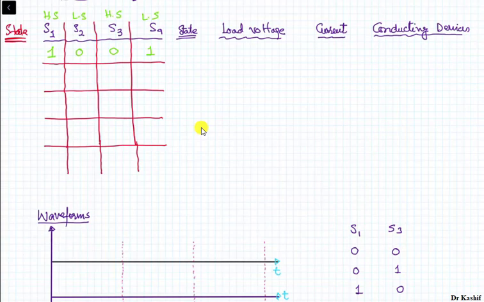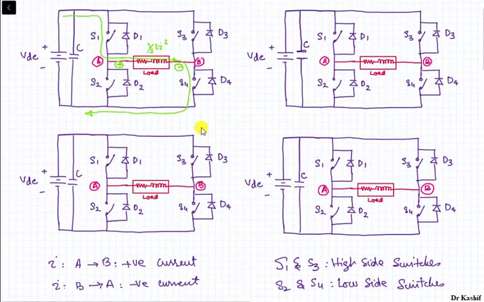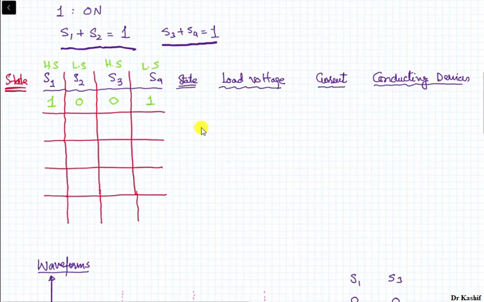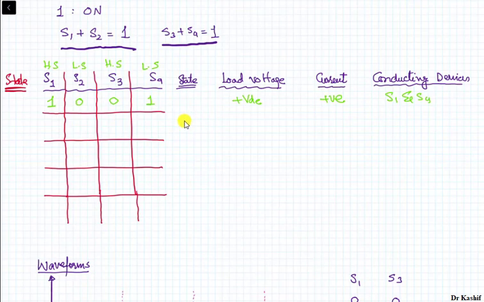So this is our first switching state, and in that case the current is going to flow from terminal A towards terminal B. Now the voltage across the load in this particular state is equal to plus V DC, and the current is positive, and the switches S1 and S4 are in the conduction state. They are conducting, and energy in the load is being stored. So your inductor is acting as the load in this case.